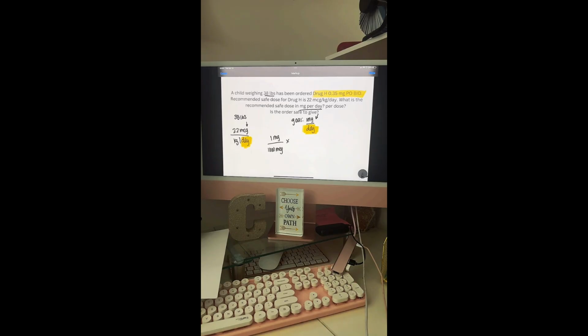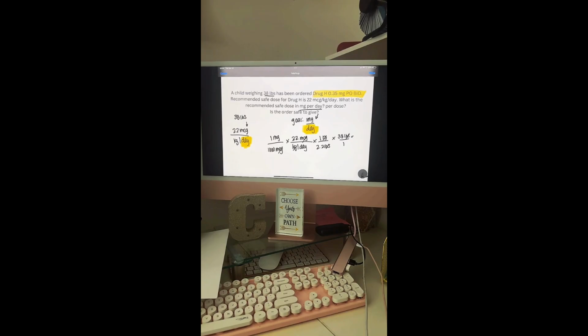All right. So we'll do 22 micrograms per kilogram per day. Now we'll do 1 kg is 2.2 pounds. And then we'll do our 38 pounds over 1.